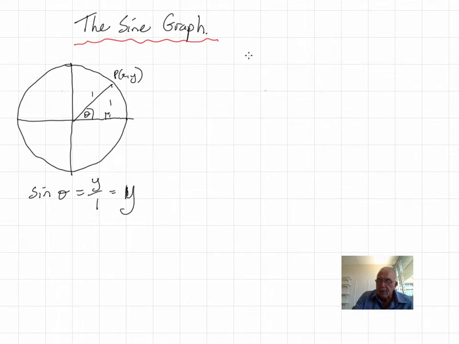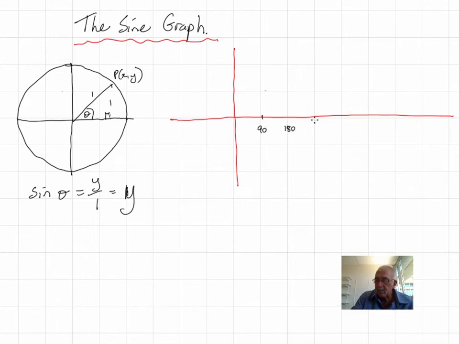So if I was to have a look at what the sine graph looks like, I'll draw some axes here. When theta is equal to 0 degrees, point P is there, and the sine of 0 is 0, so it is there.